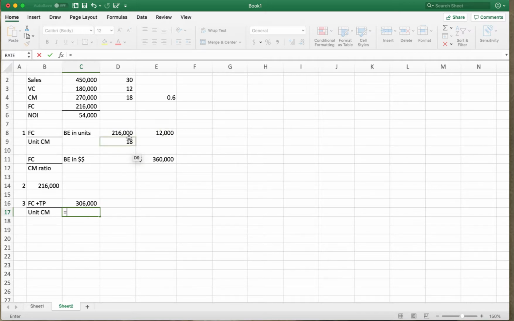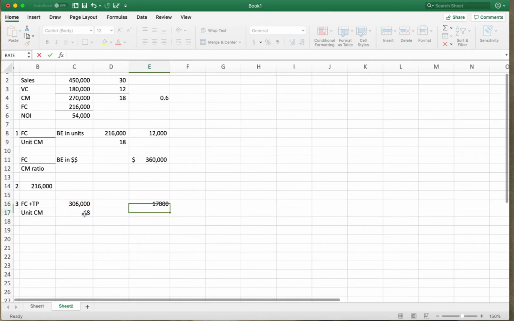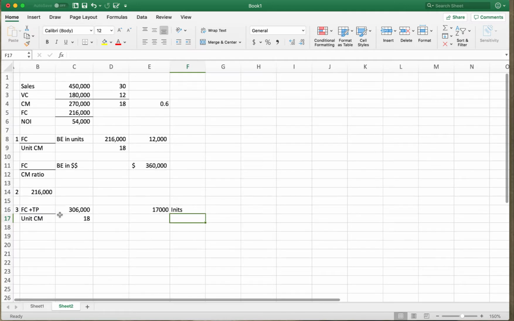What's our unit contribution margin? What's this $18? We then divide the two, and we end up with 17,000 units. Okay? 17,000 units. All right.